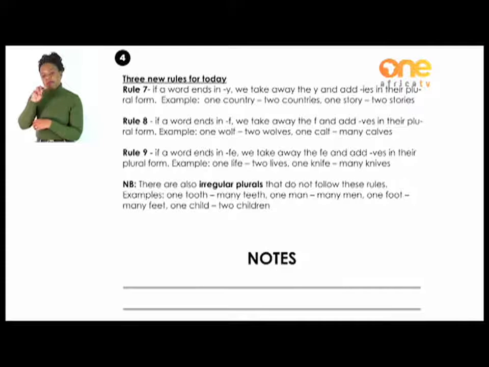Foot, feet. Child, children. Guys, let's remember these rules are very important. Remember, our basic competence is to be able to change nouns and follow the rules, turning them into their plural forms.